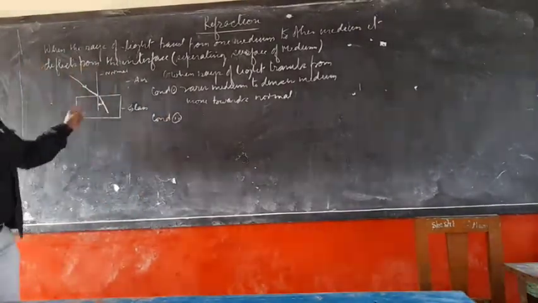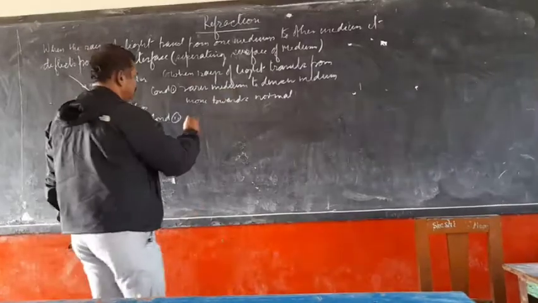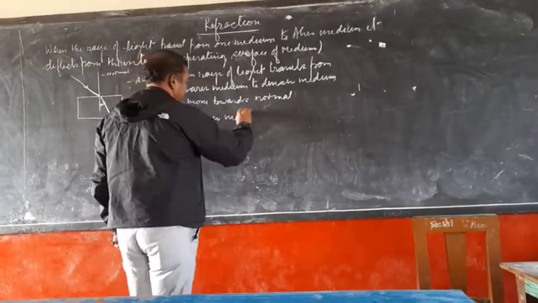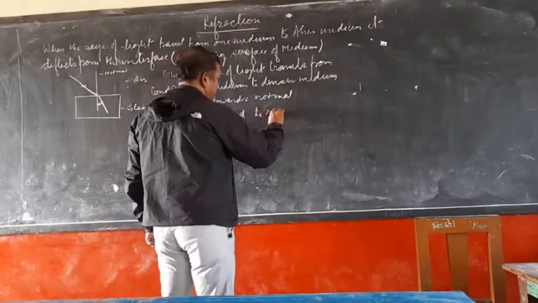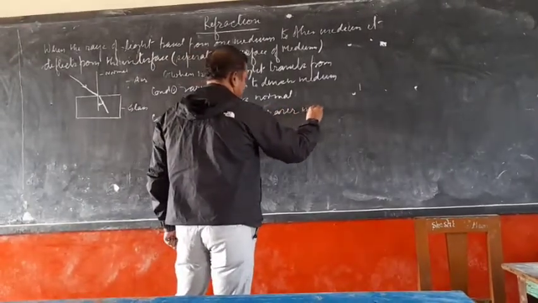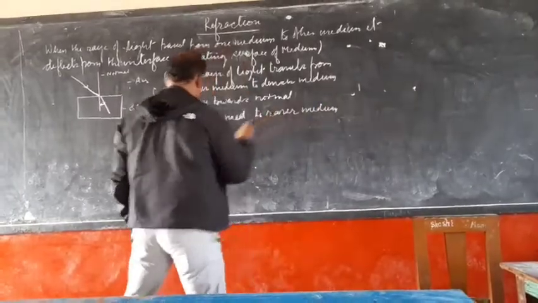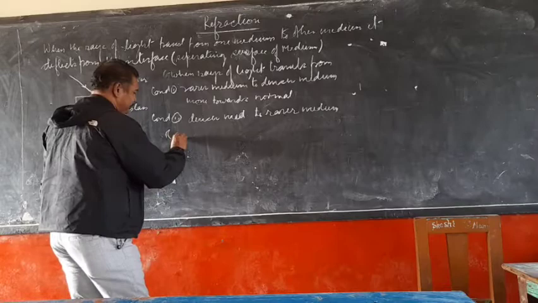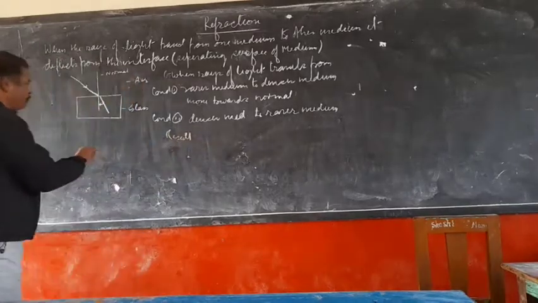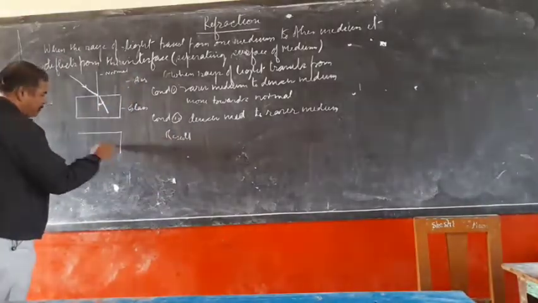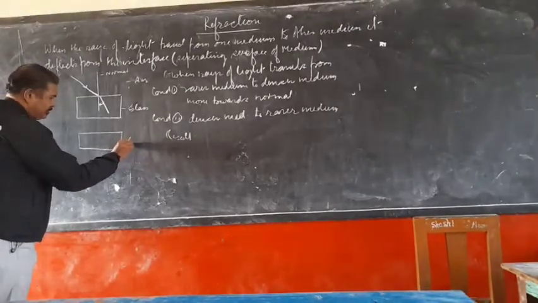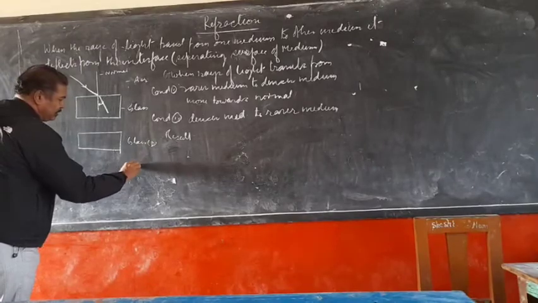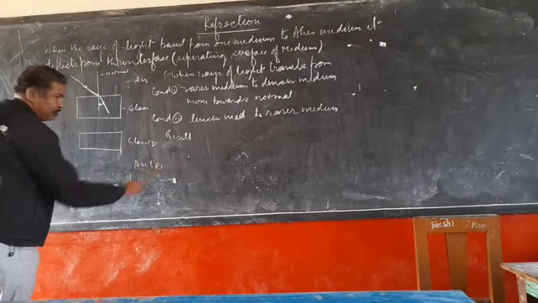And condition 2: when the rays of light travel from a denser medium to a rarer medium, what will be the result? Now see the opposite of this one. Suppose this is the glass medium, the denser medium, and this is the air, the rarer medium.